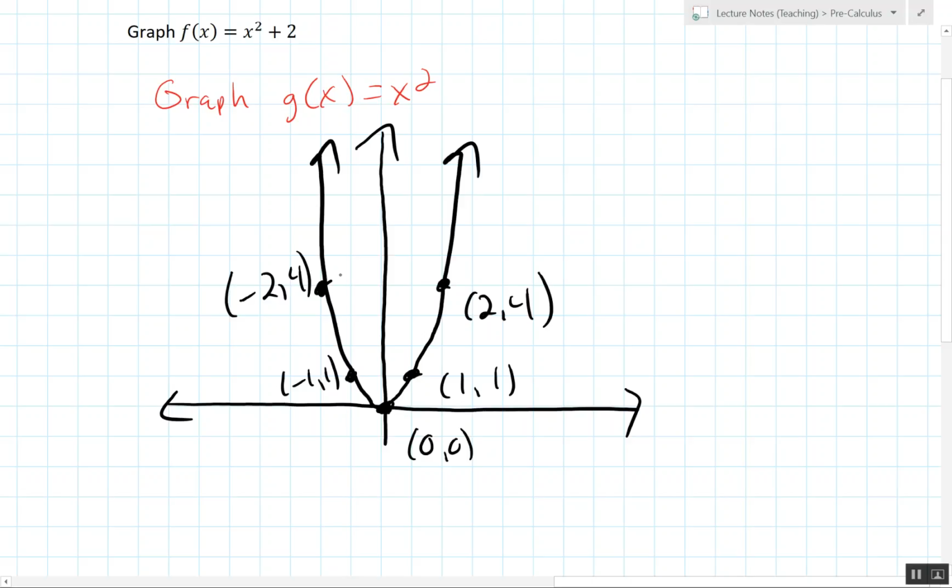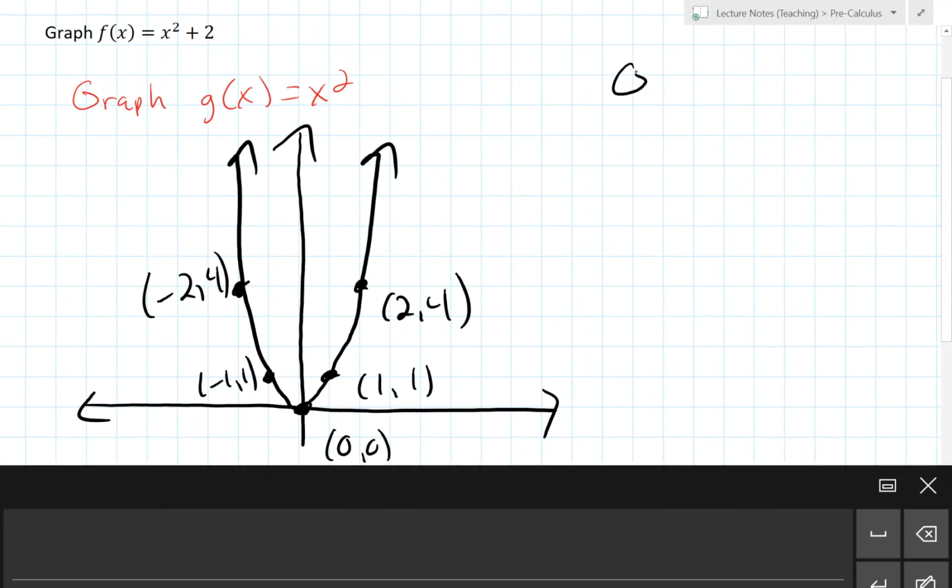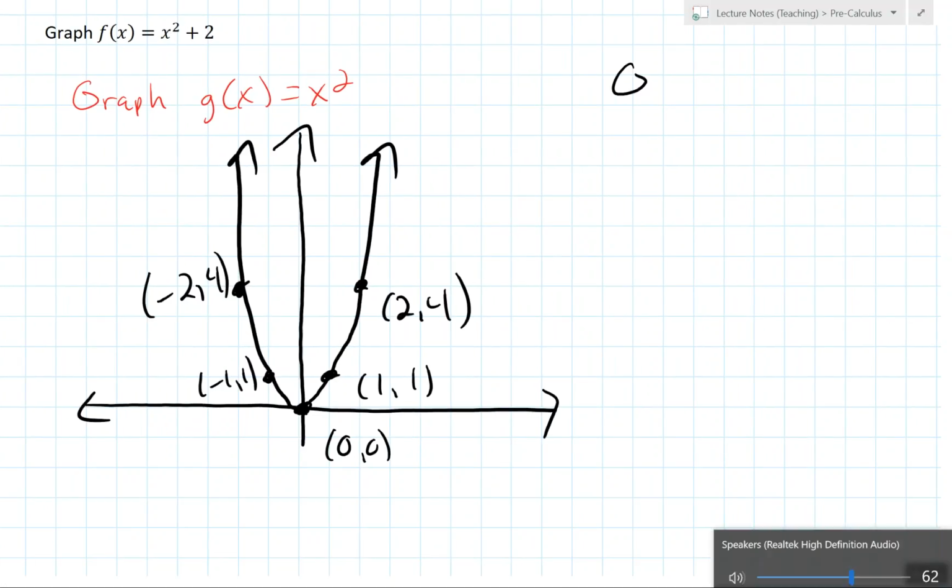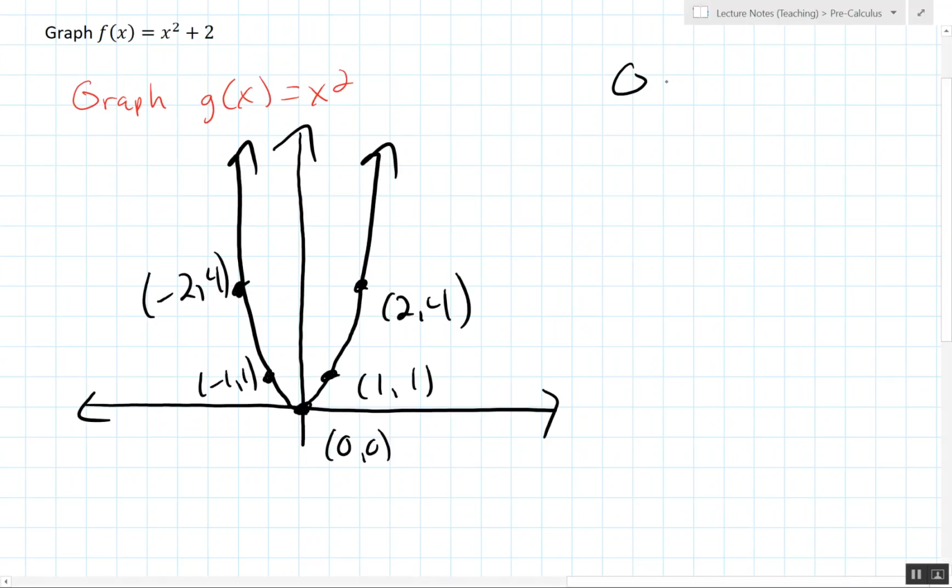Now, if we want to graph f of x, this is x squared plus 2, but notice this is also g of x plus 2.